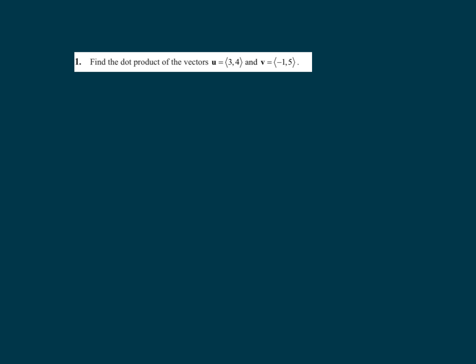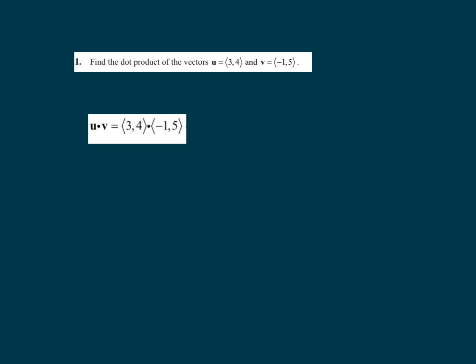How will we do the dot product? The dot product of the two vectors u and v will be (3, 4) dot (-1, 5), and this will be a number. What will the number be?